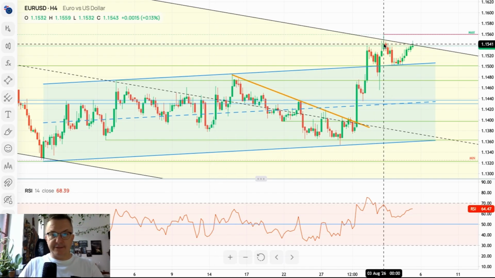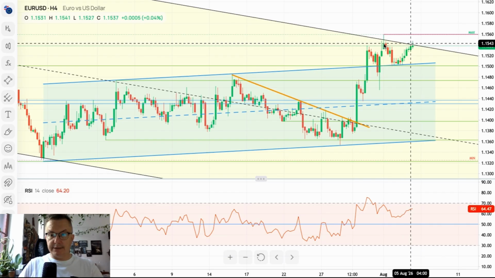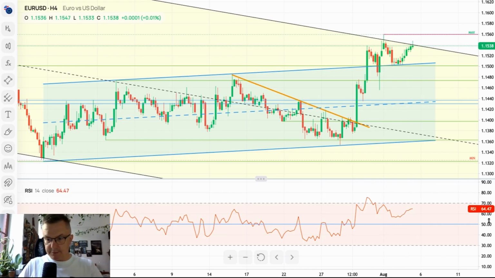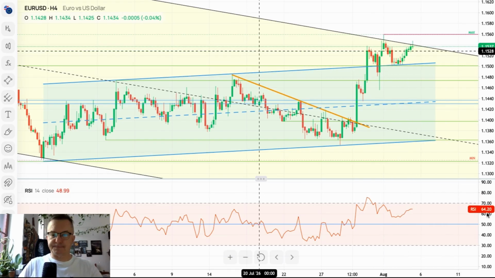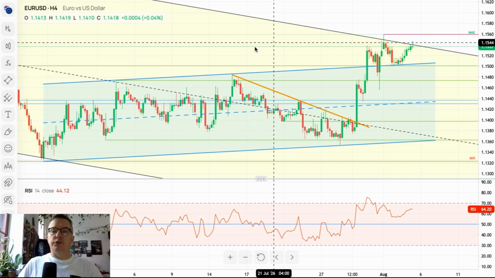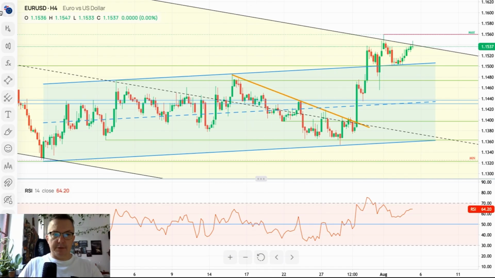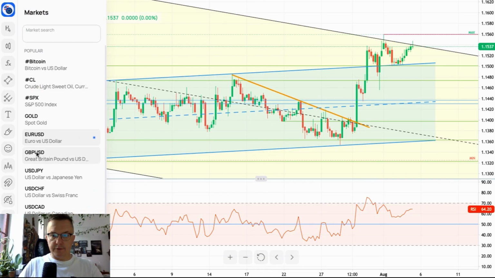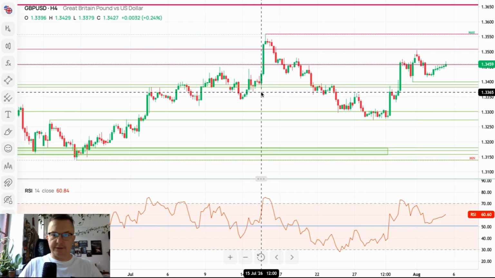Local technical resistance 1.1559. Maybe we'll get there, maybe not. It looks like with this kind of momentum of 65 points, we still have the possibility to move higher without any problem. So bullish situation for the euro dollar until the technical support is broken.